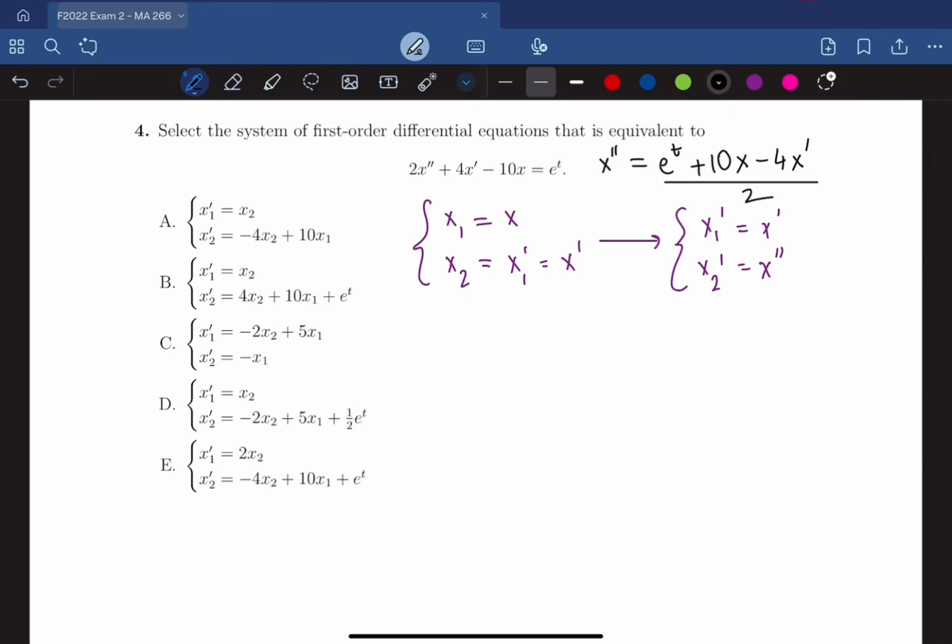So I'm basically using algebra to isolate x double prime from our given equation. And then we're just going to plug that back into here. So I have x1 prime, and x1 prime is x prime. But x prime we defined in the previous line as x2. So x1 prime is really just x2.